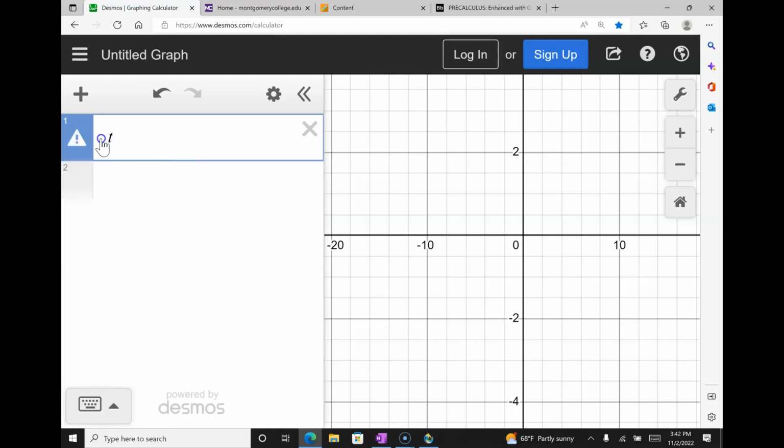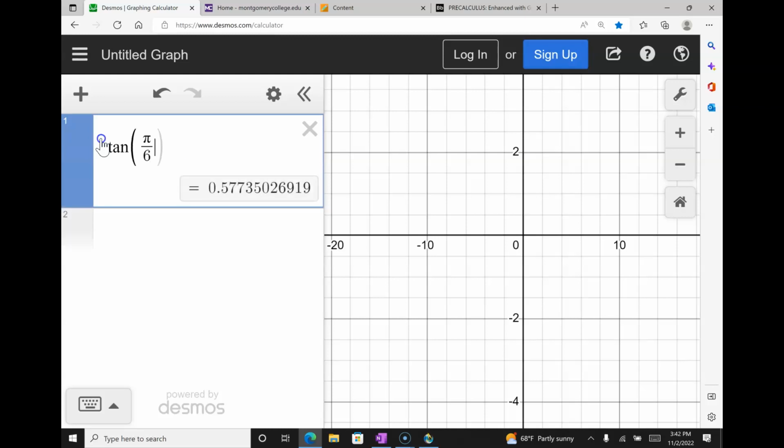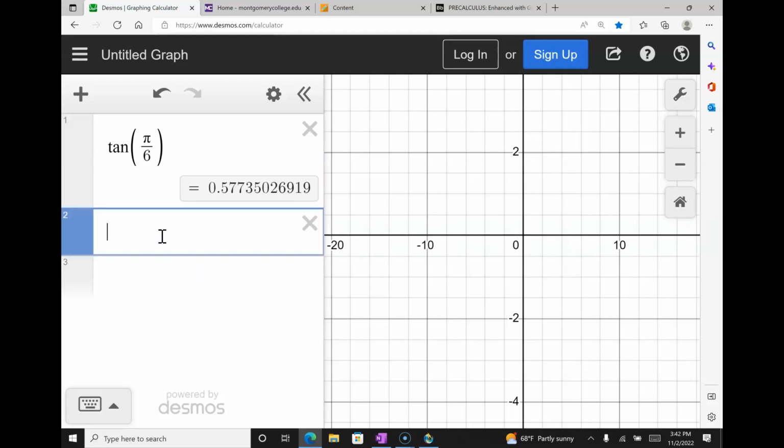So tangent of pi over 6 is the decimal 0.57735, etc. And notice that square root of 3 over 3 is the same decimal. So this is a nice way for you, if you forget that table. There's no way you should forget the table. It's too easy. But you can double check things on Desmos, knowing what some of these ratios should be.